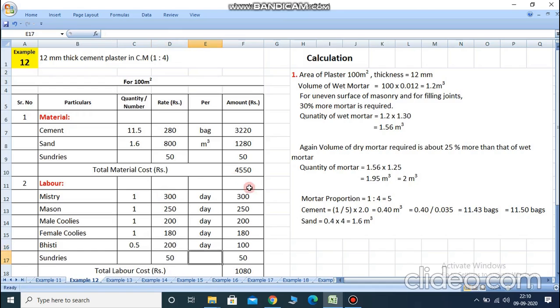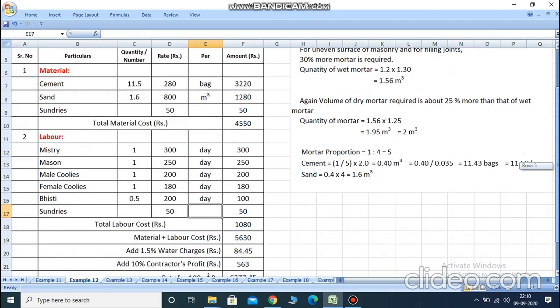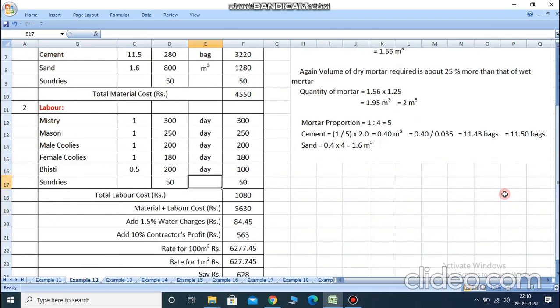So here the summation of all these values: 300 multiplied by 1 is 300, 250 multiplied by 1 is 250, 200 multiplied by 1 is 200, 180 multiplied by 1 is 180, and 200 multiplied by 0.5 is 100. And 50 rupees extra, so total 300 plus 250 plus 200, 180, 100 and 50. So we got the total answer of 1080 rupees as the labor cost.